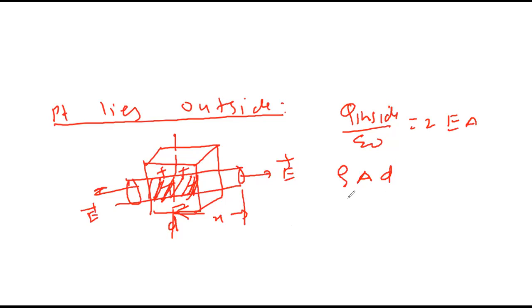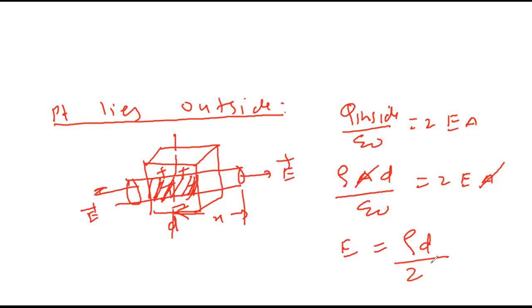Only D. Upon epsilon naught 2EA. A cancels, therefore E equals rho D upon 2 epsilon naught. Copy. First was rho x upon epsilon naught. This is rho D upon 2 epsilon naught.